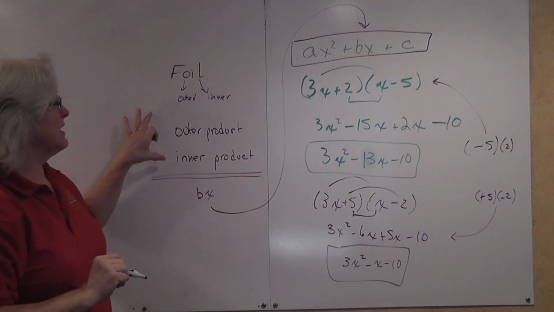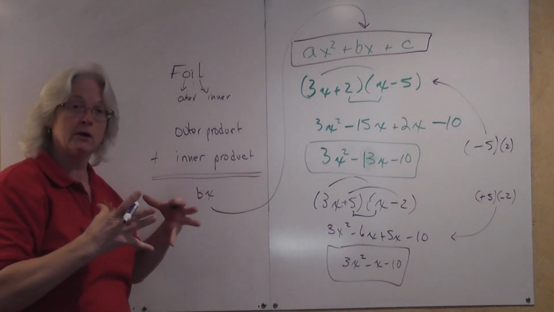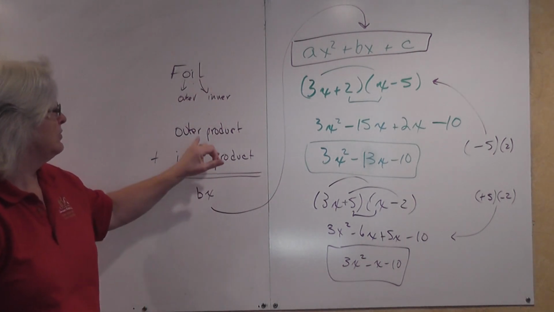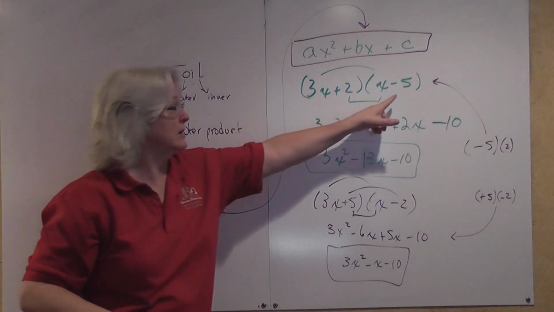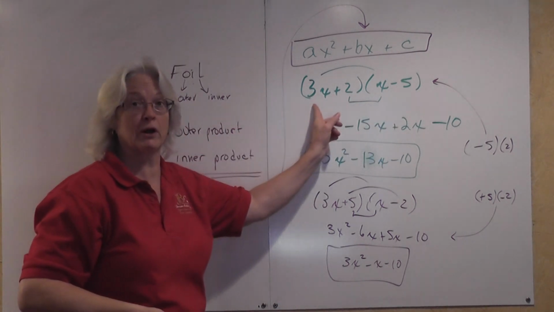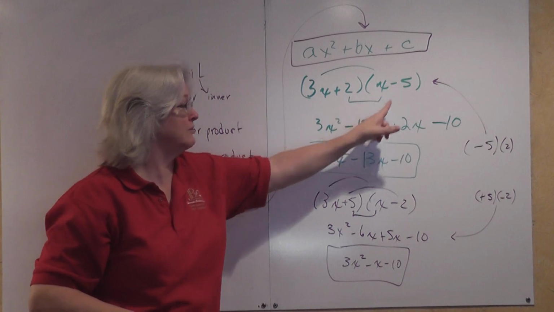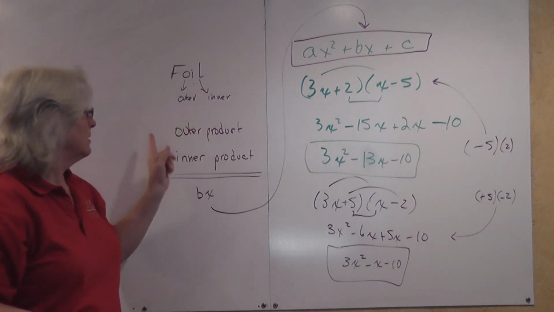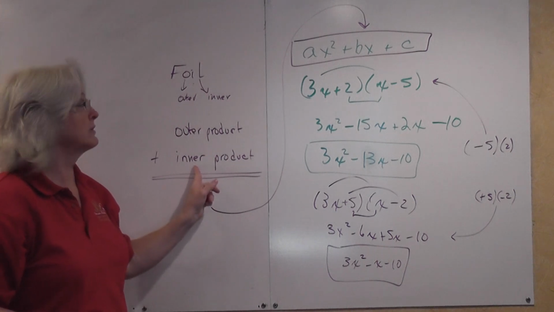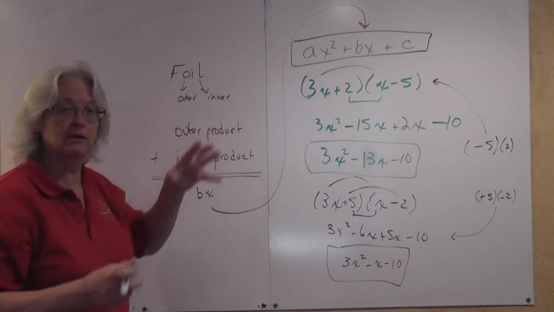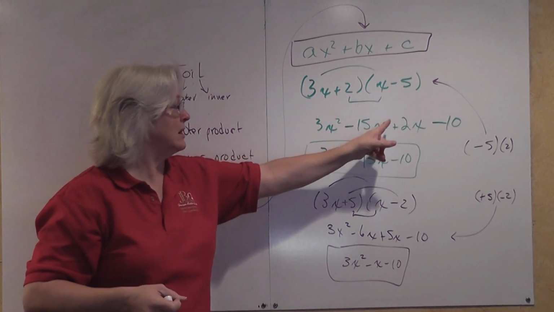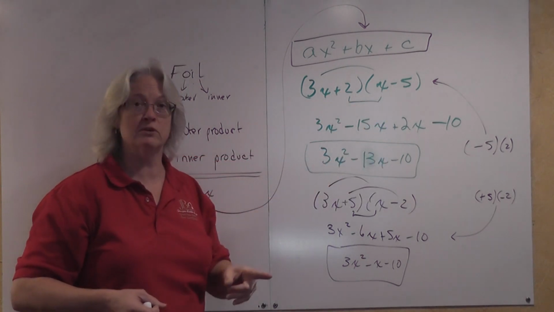And what this is saying, when you FOIL your 2 binomial factors, you figure out what the outer product is. Here's our outer product. 3x times a negative 5 gives us a negative 15x. We figure out what our inner product is, which is the I in our acronym FOIL. The inner product here, 2 times x, is plus 2x.